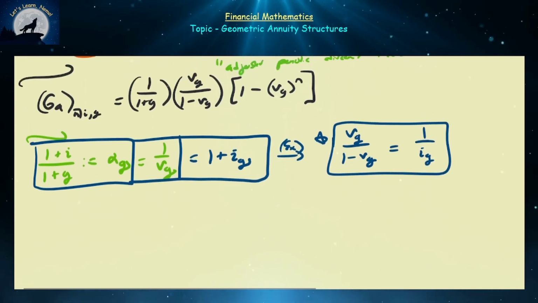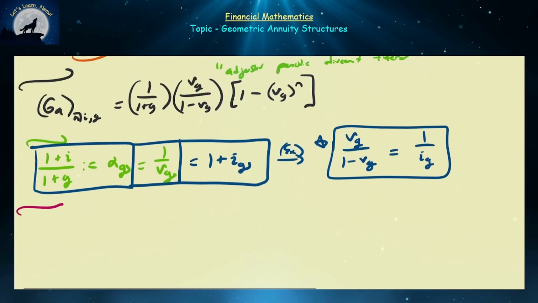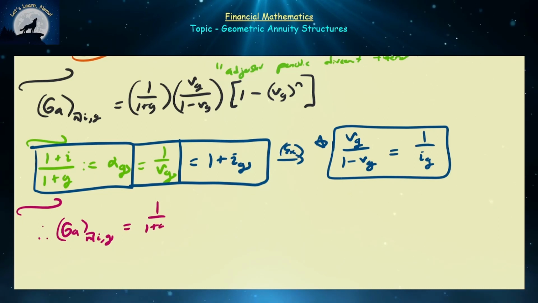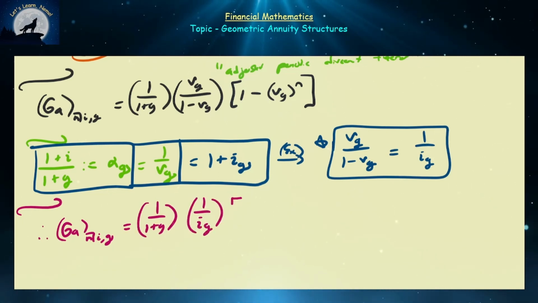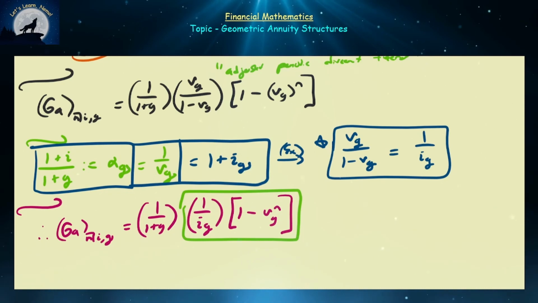So let's go back to our geometric increasing annuity immediate formula, and we're going to have the following. GA with m payments, effective interest rate i, geometric increase rate g, is going to be equal to 1 over 1 plus g multiplied by 1 over i_g times 1 minus ν_g to the power of m. And what exactly is this? Keep in mind, ν_g depends on i_g, and n depends on n.